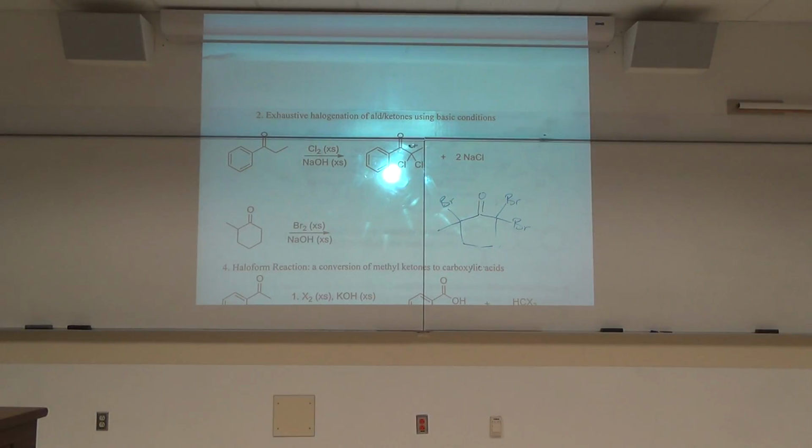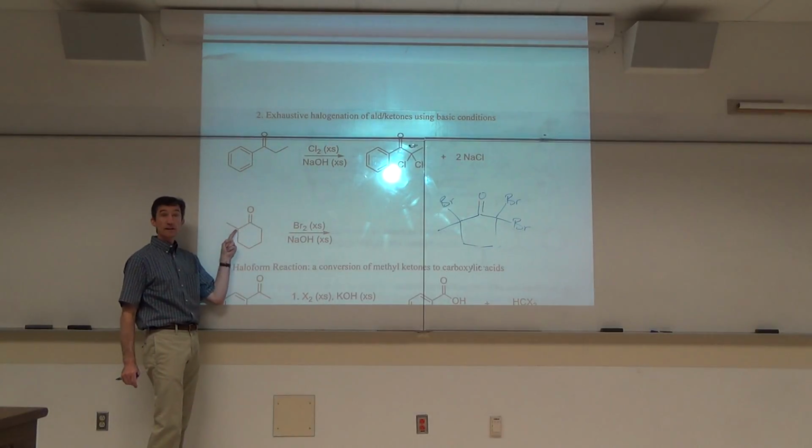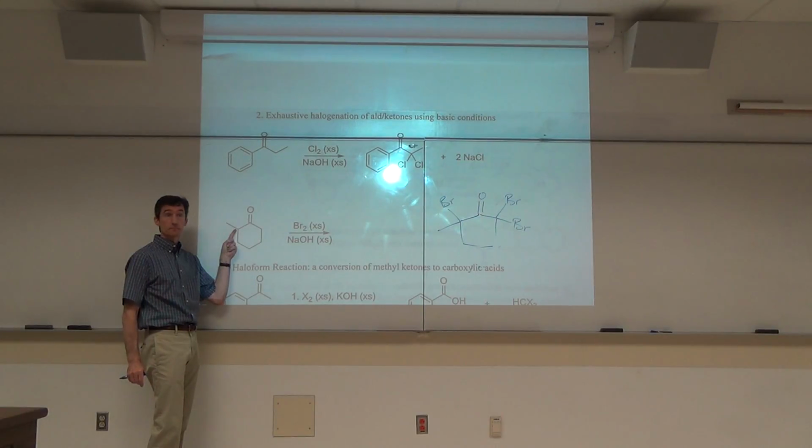How we do? You have two acidic H's on the right. Don't forget that the other side may have acidic H's. Okay? We're going to deprotonate and brominate 3 times.